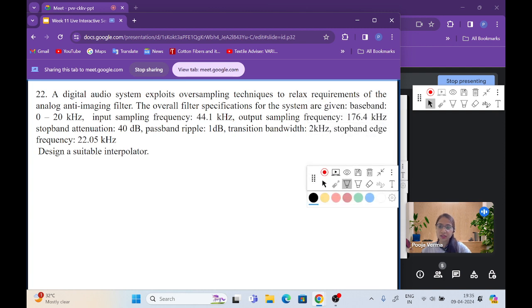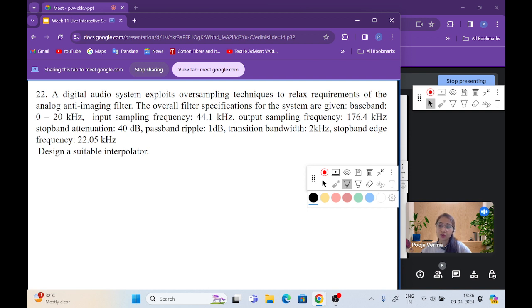So the next question is: a digital audio system exploits oversampling techniques to relax requirements of the anti-imaging filter. The overall filter specification for a system is given as: baseband signal 0 to 20 kHz, input sampling frequency 44.1 kHz, output sampling frequency 176.4 kHz, stop band attenuation 40 dB, pass band ripple 1 dB, transition bandwidth 2 kHz, stop band edge frequency 22.05 kHz.